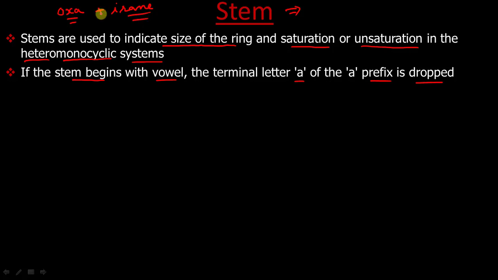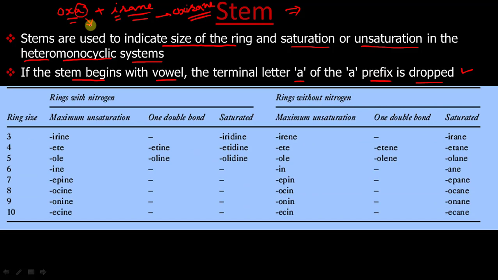If we combine these, a stem beginning with a vowel, and i is a vowel, means we have to drop this a from the prefix, and the name will be oxirane. So we will do examples, don't worry. This is just to tell how we have to use this method: if the name of the stem starts with a vowel, then we have to drop the letter a from the prefix. Now these are the various stems that are used.